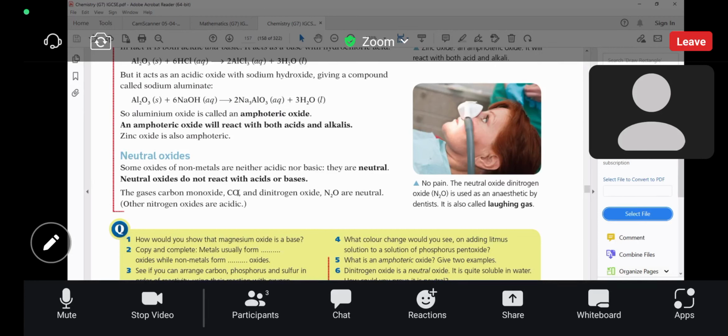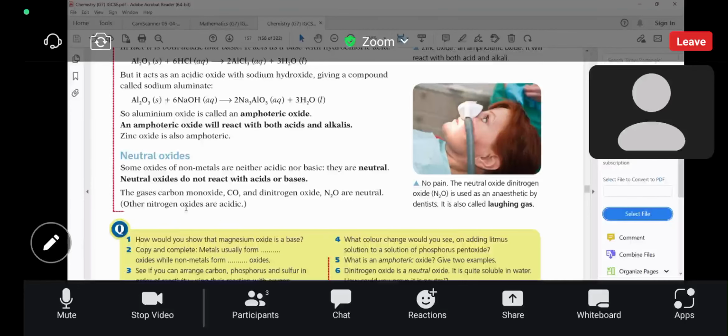So you can see some oxides of non-metals. Neutral oxides are oxides of non-metals. Carbon is a non-metal, and nitrogen is also a non-metal. So the oxides of some non-metals are neutral. Carbon monoxide and dinitrogen oxide are neutral.